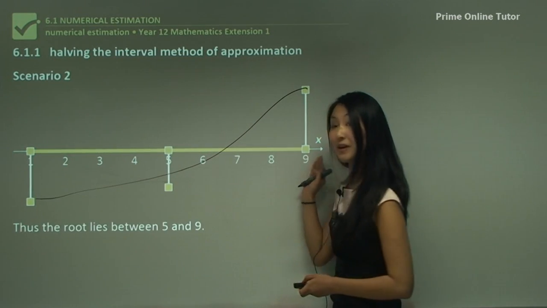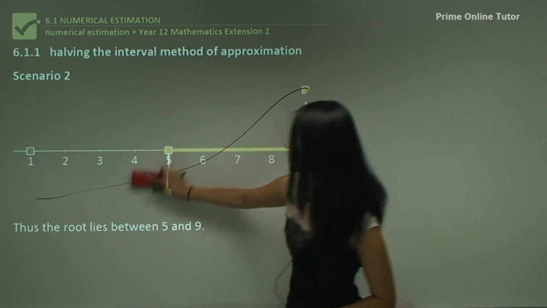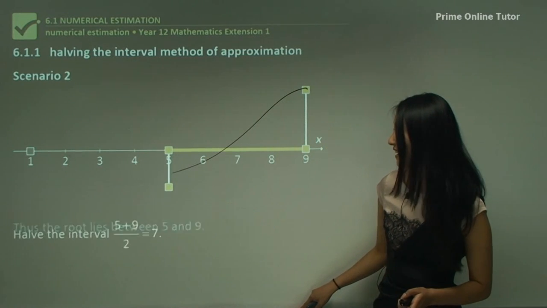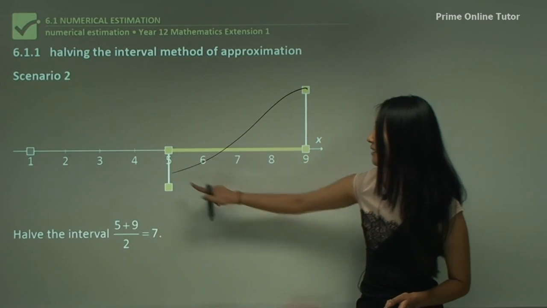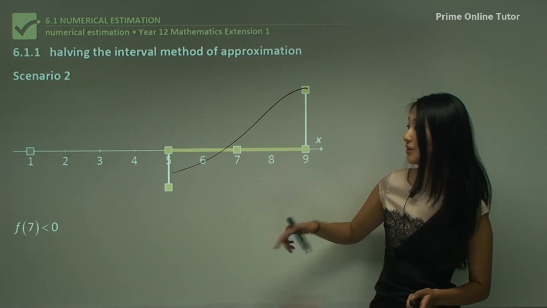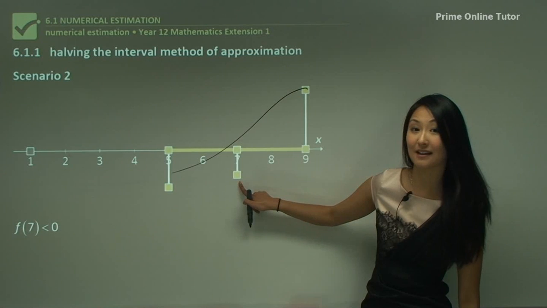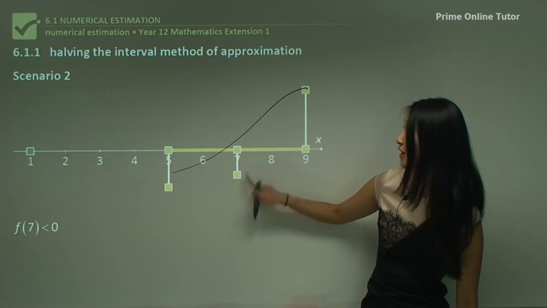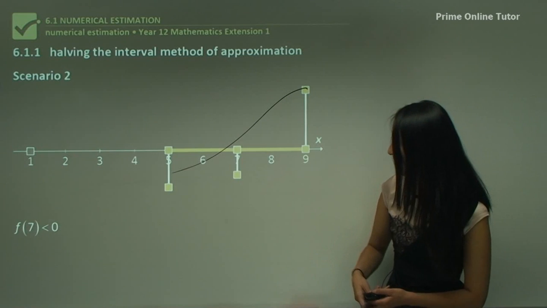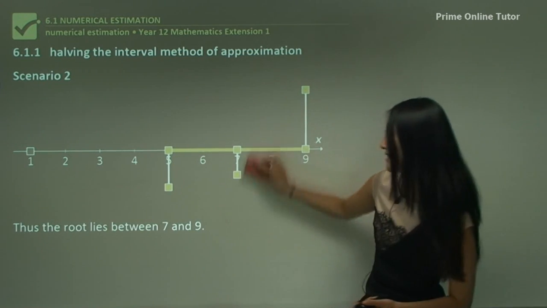It's going to lie between 5 and 9, which means we can eliminate between 1 and 5. All right, okay? Halving the interval again between 5 and 9 is 7. So substituting 7 into the equation, you find out 7 is negative as well. So it's probably not going to look like that anymore because 7 is negative as well, which means the root now is going to lie between 7 and 9.